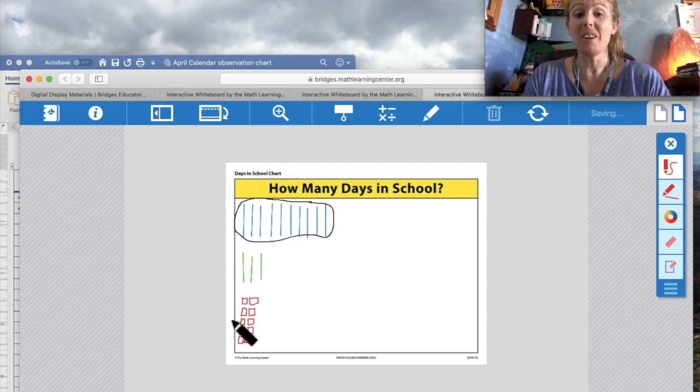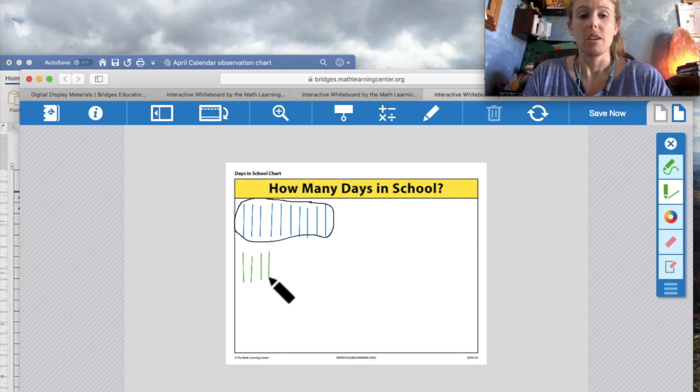So we can erase all of these little ones and trade them with a tens. So here we have 10 tens and 4 tens for that 40.